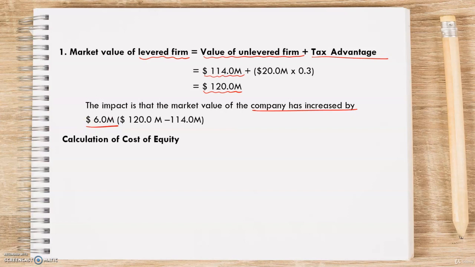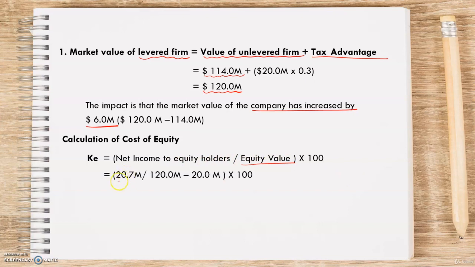Right. Next, we'll look at the impact on cost of equity. How can you find the cost of equity? You have to take net income available to equity shareholders divided by equity value. In this case, the net income available is 20.7 divided by equity value. Equity is 120 minus the debt of 20 million, so it's basically 100 million.